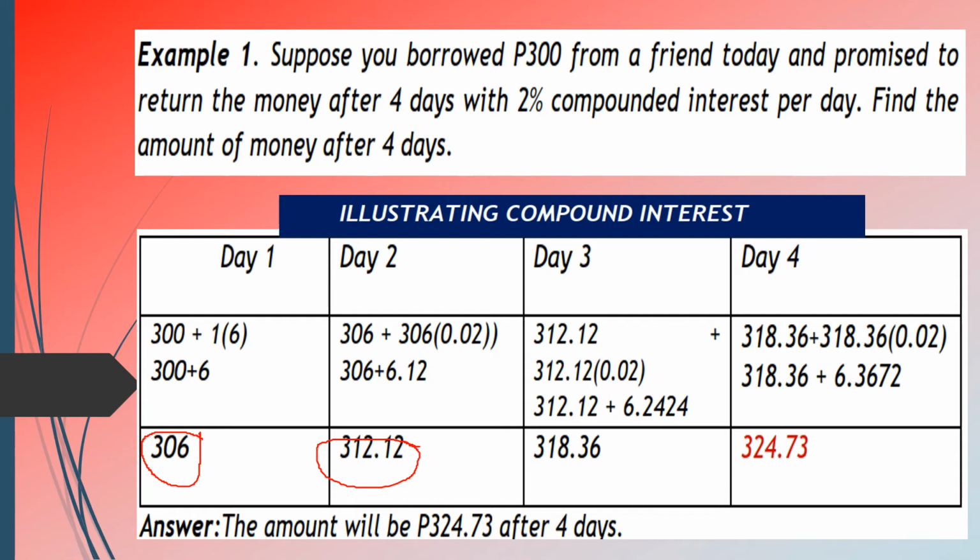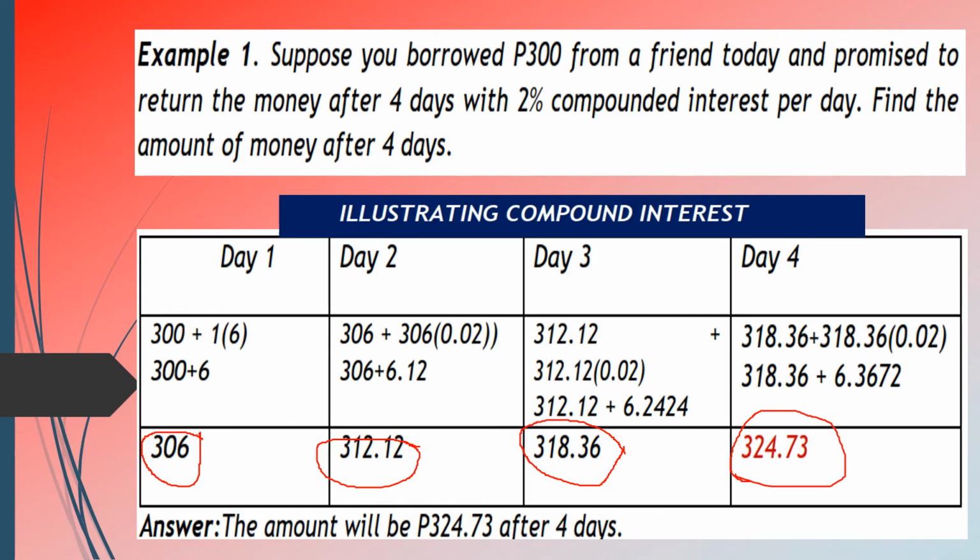That results to 318.36 pesos. Until on the fourth day, with the same process of computation, it will come up with 324.73. So, the amount will be 324.73 pesos after 4 days.